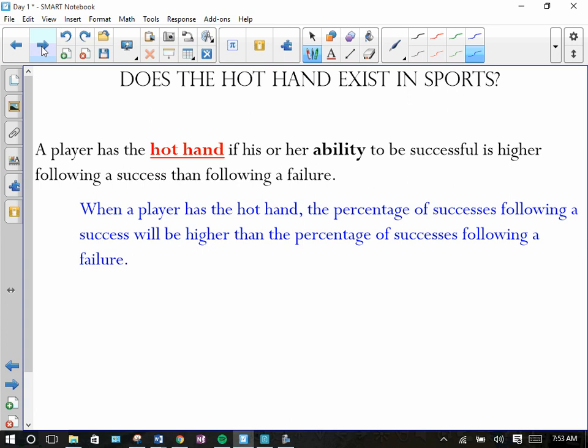A player has the hot hand in sports if his or her ability to be successful is higher following a success than following a failure.